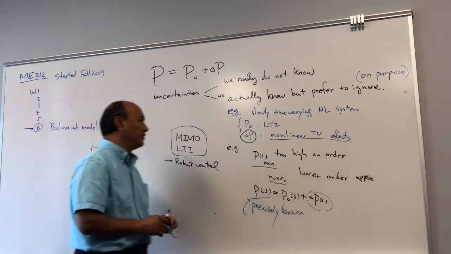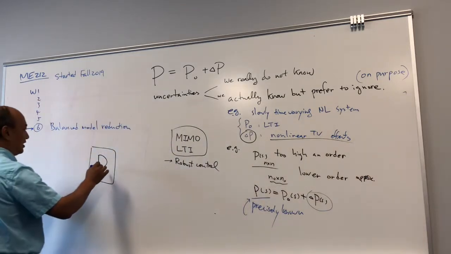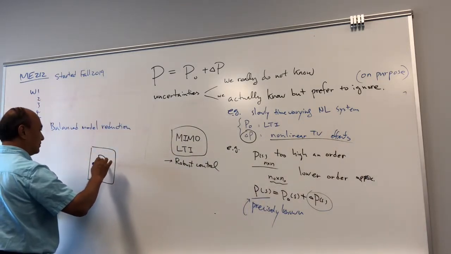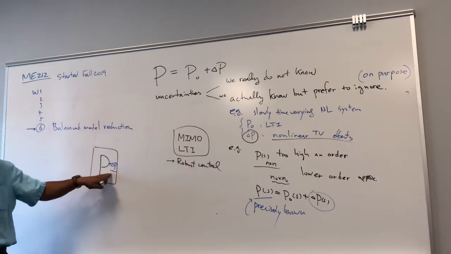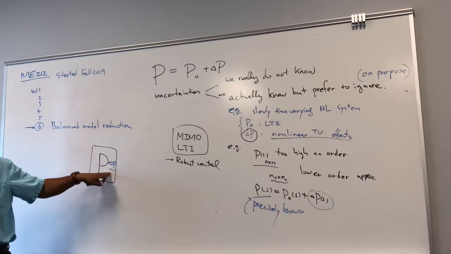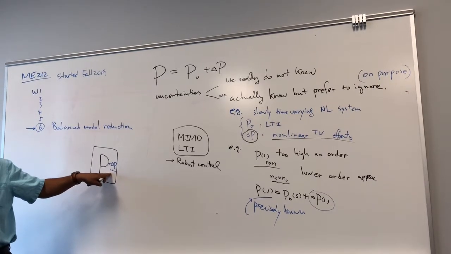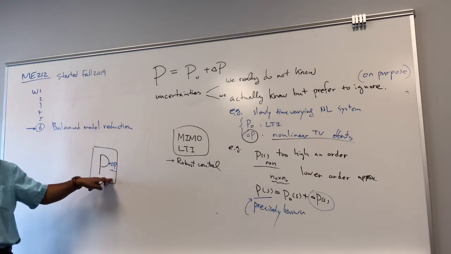So whenever in the future you see this uncertainty, I hope you regard it not just as purely unknown factors. There are some on-purpose reductions of the model contained in the delta P.